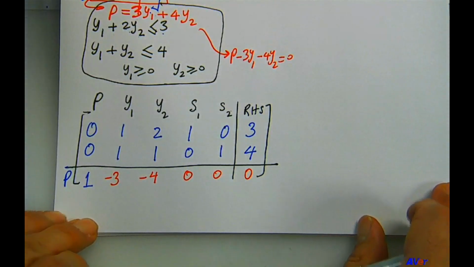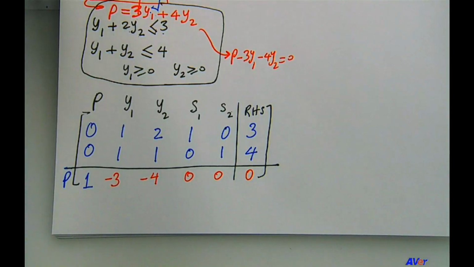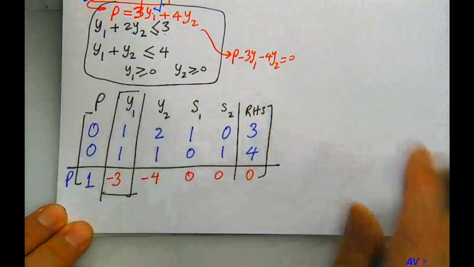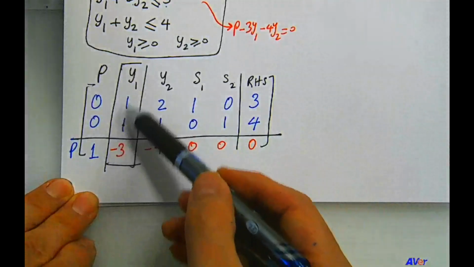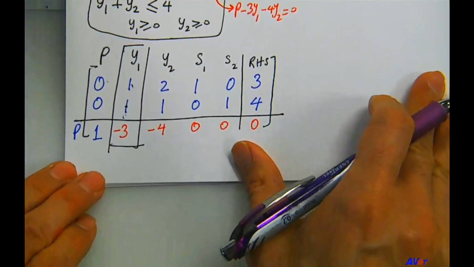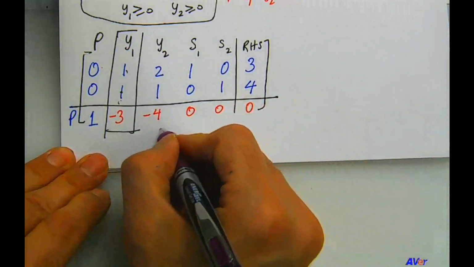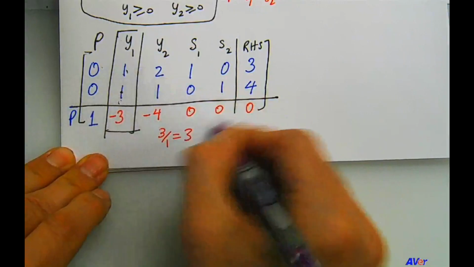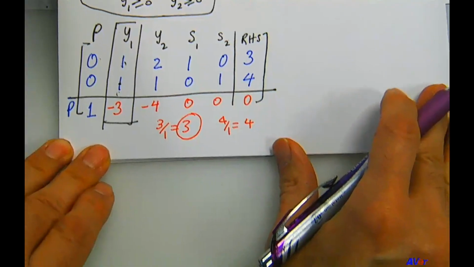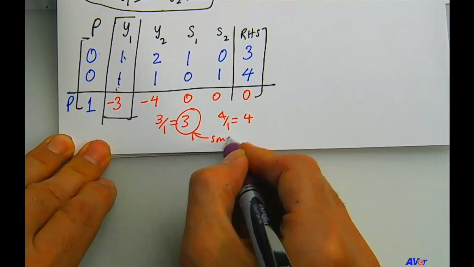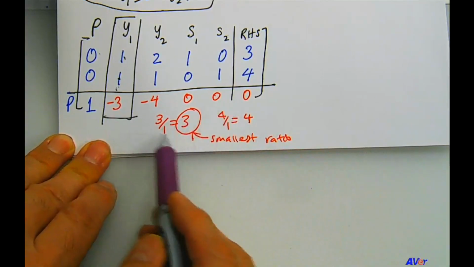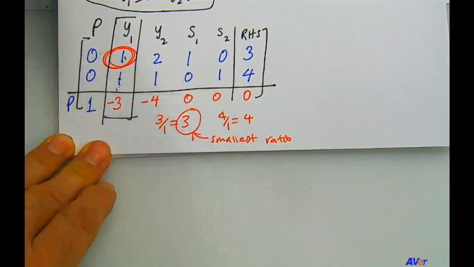Okay, so just like what we talked about in sections 5.1 and 5.2, our pivot column is this one. Both of these numbers are positive. We need to find the smallest ratio, right? So let's do that. 3 divided by 1 is 3. 4 divided by 1 is 4. This is the smallest ratio. So that means that this is our pivot element, right?